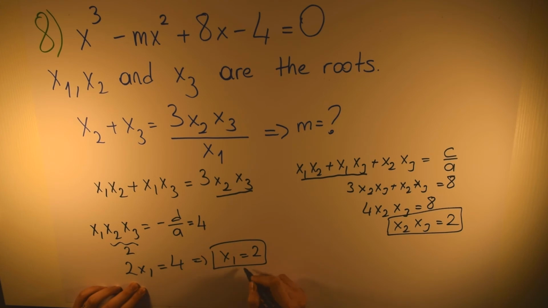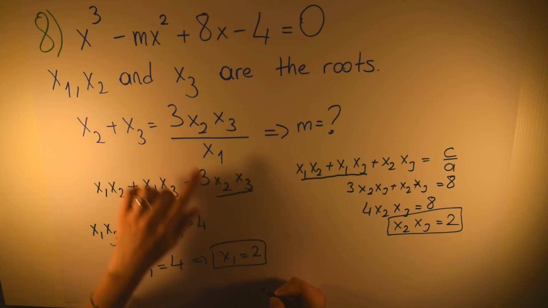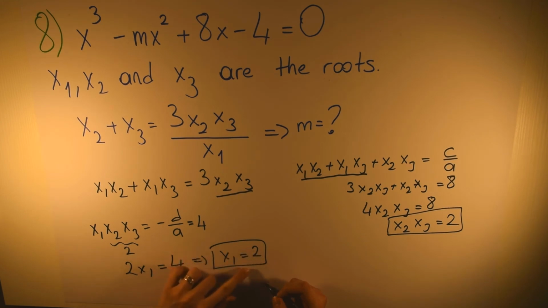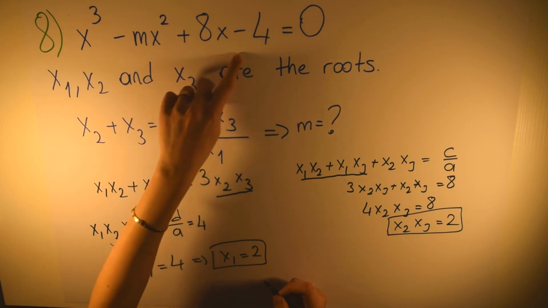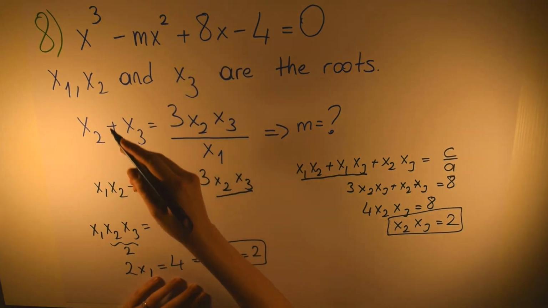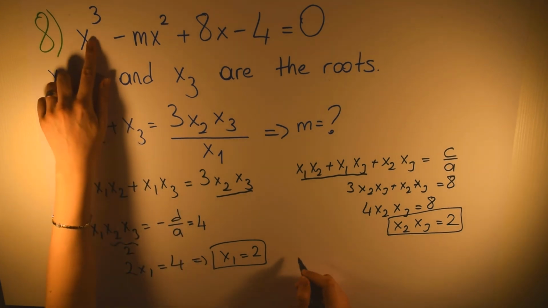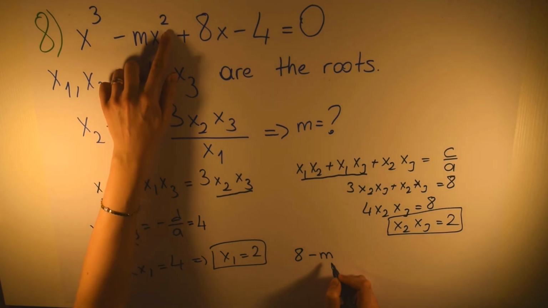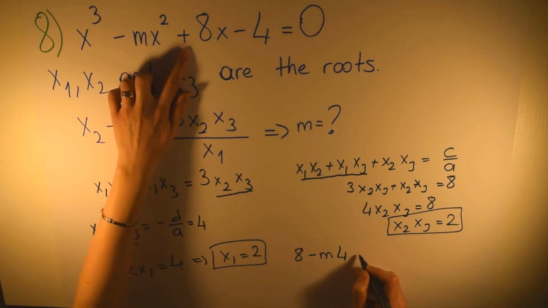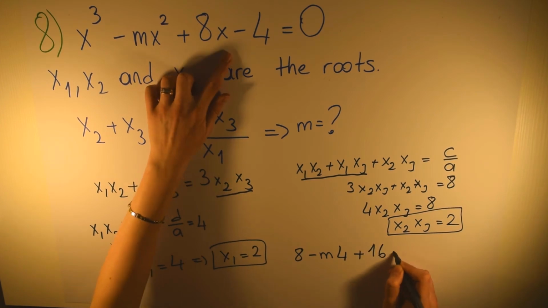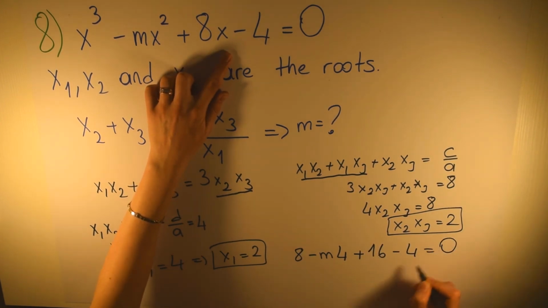So after finding one of the roots, it's very easy to find the value of m. All you need to do is take this value and put it instead of x, and from here we will be able to find the value of m. So let's do that. Here it's 2 cubed, which is equal to 8, minus m times 2 squared, it's 4, plus 8 times 2, it's 16, minus 4, which is equal to 0.